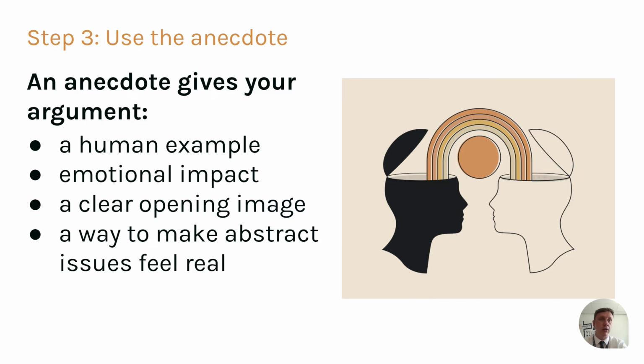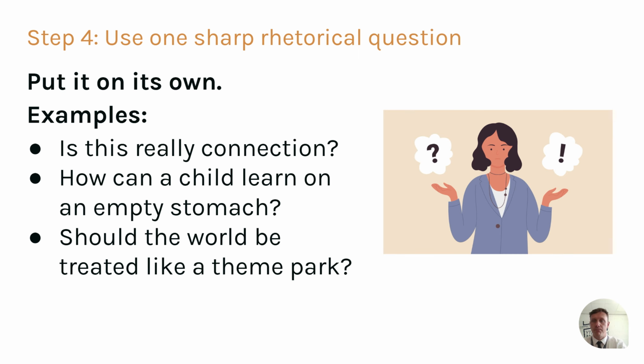Instead of starting with a general statement about the impact of social media on young people, you might begin with a year 11 student trying to revise while their phone keeps pinging and lighting up with notifications. We're not writing some kind of story for our whole answer. We're just using one brief human moment to hook the reader and therefore to make this potentially quite abstract issue feel very real.